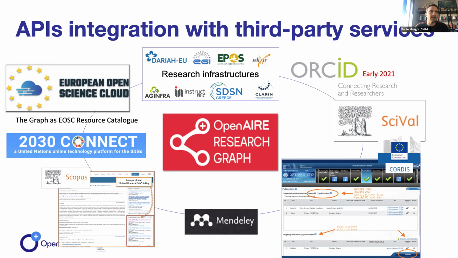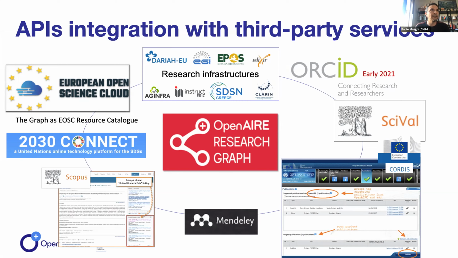We are working with the United Nations. We are working with several research infrastructures to offer integrated services like monitoring, especially monitoring, because we can customize the kind of mining we do to identify links between our research products in the graph and the different research infrastructures to, let's say, measure the research impact.